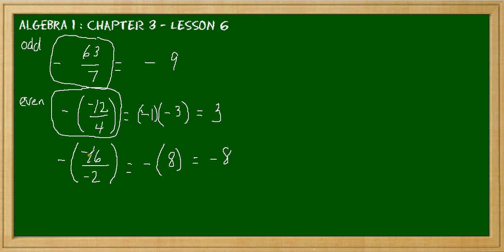Okay. Now here, I'm looking at 3 of them. There's a negative divided by a negative, and then there's a negative, and again here's an odd number of negatives in this expression. And because I see this, I would automatically think to myself the answer is going to be negative.